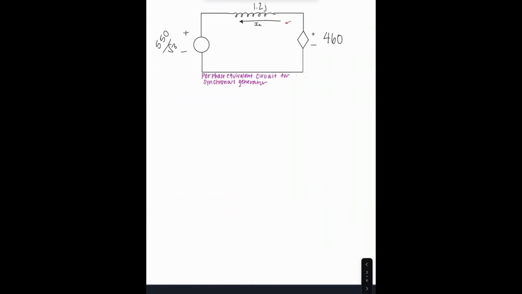So we want to find the generator current, which is simply IA. And it's as simple as Ohm's law, because we want IA to be equal to the excitation voltage, minus the terminal voltage, divided by jXs. So this is just classic Ohm's law.